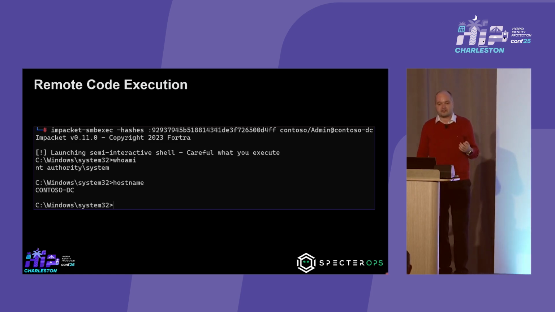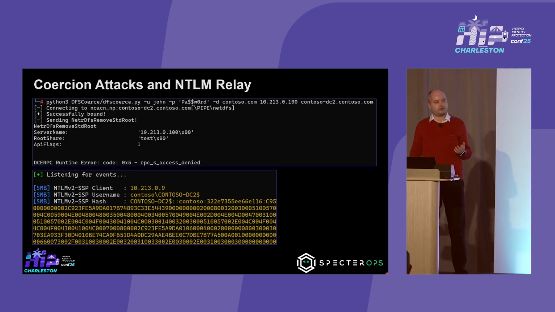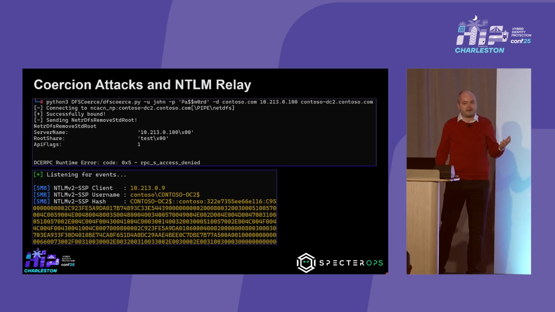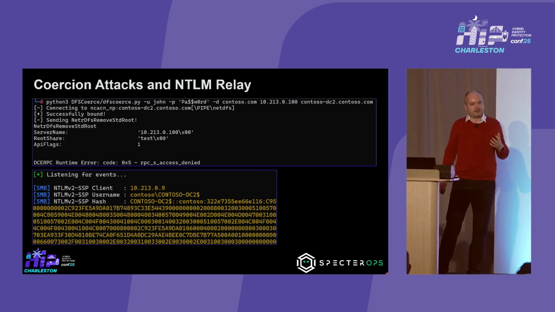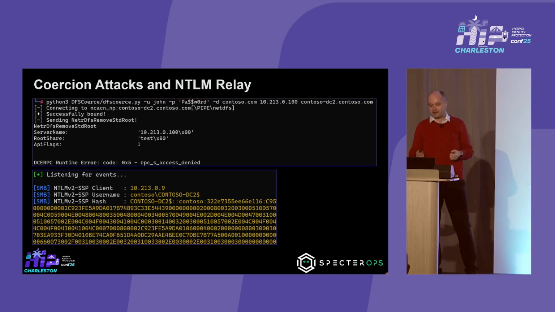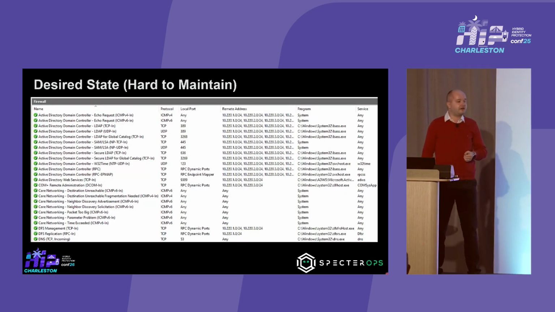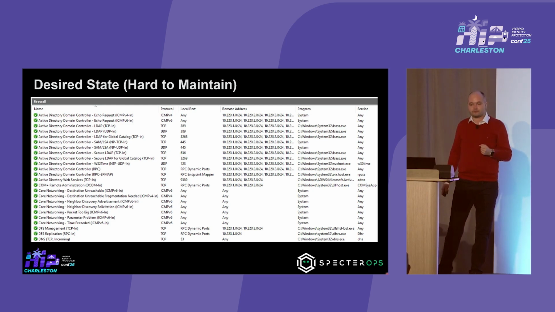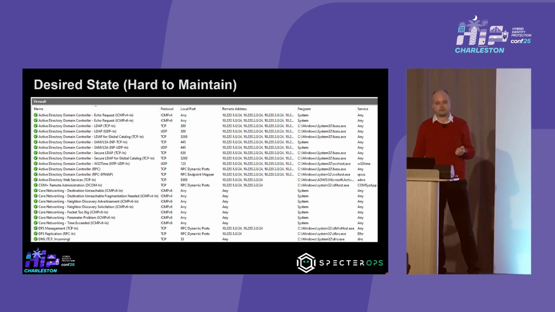So it might be a good idea to restrict those protocols. Another popular thing is NTLM relay attacks, together with authentication coercion attacks, when you tell a domain controller to connect to some endpoint and then you relay the authentication of the domain controller to some other network endpoint, and you can basically impersonate it.